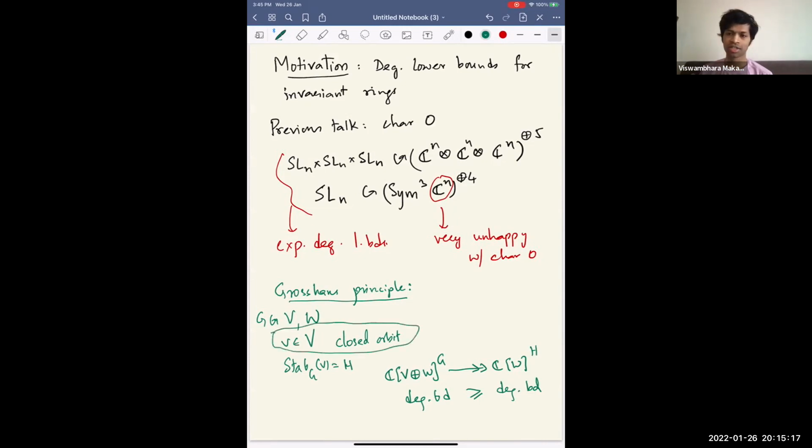If you have to ever do this explicitly, you have to be able to prove that some point somewhere has a closed orbit. And you want this point to have some sort of symmetries, because you need this stabilizer to be somewhat non-trivial to actually have some non-trivial lower bound for that invariant ring on the right hand side.